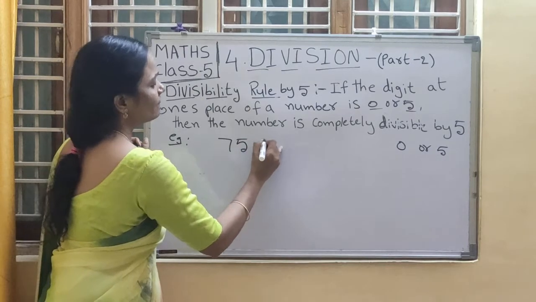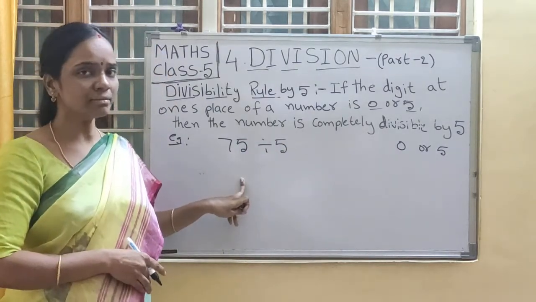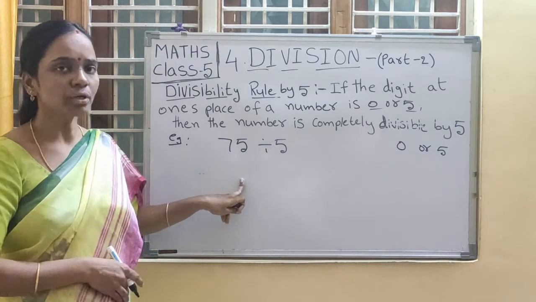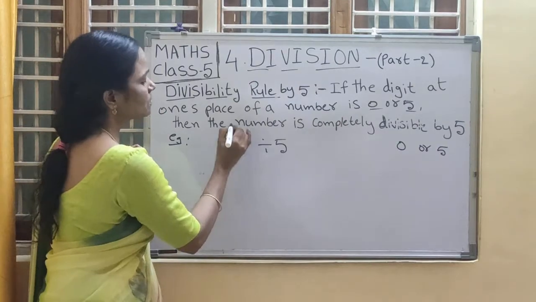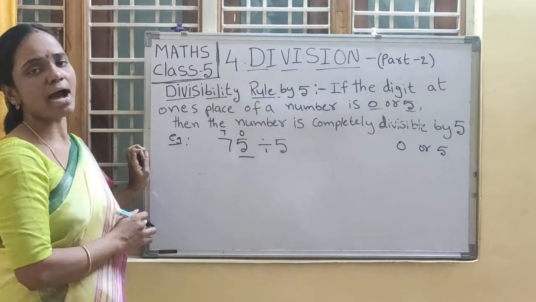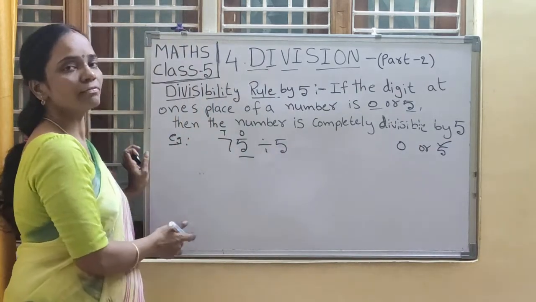75 divided by 5. Is this number completely divisible by 5? Yes or no? We check the digit at ones place. What is the digit at ones place? 5. So it is completely divisible by 5.